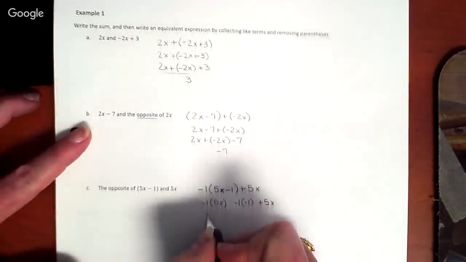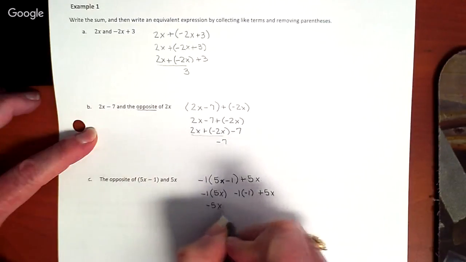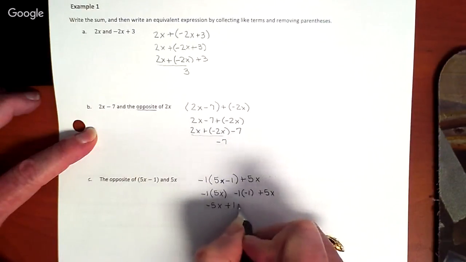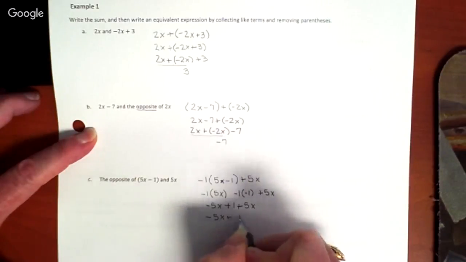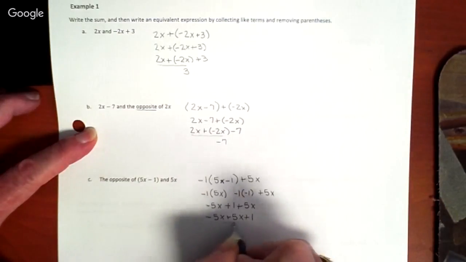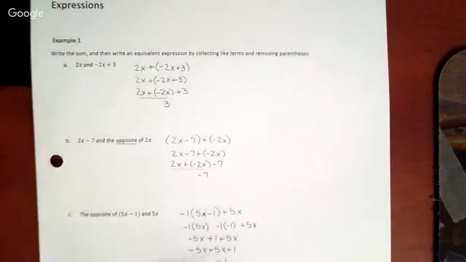We have negative 5x plus 1 plus 5x. So we're going to put our 5x's together. So these putting together would be 0. We have a positive 1. Okay, so next.